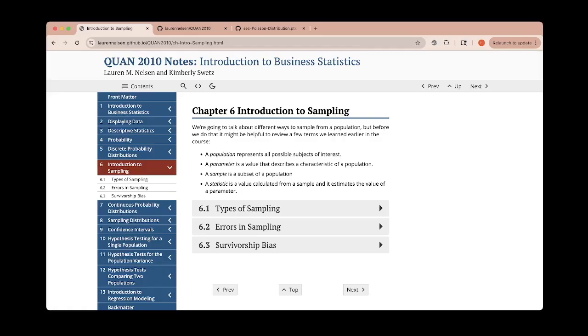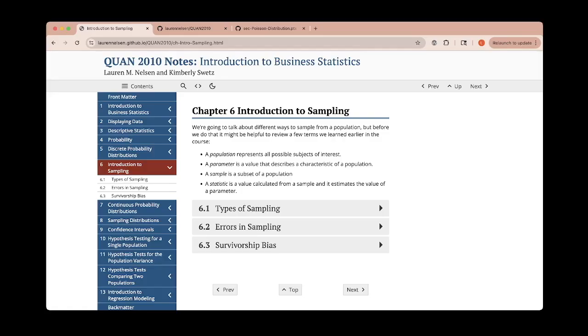And a statistic is a value from the sample. So average commute time for everyone in our class would be a statistic. And our goal is to use a statistic to estimate the value of a parameter. We're going to talk later in further chapters about how we do that and how we know if a statistic is a good estimate for the value of a parameter.